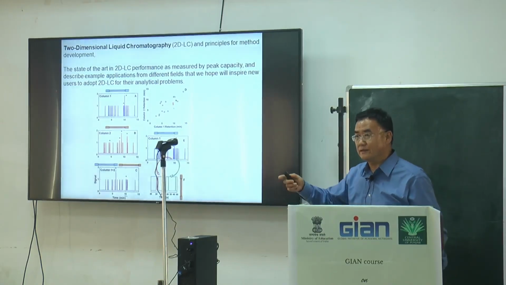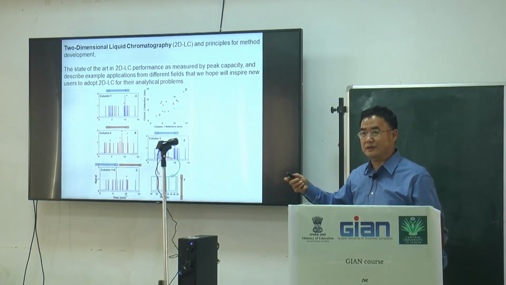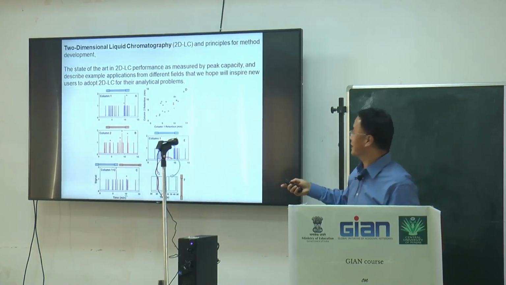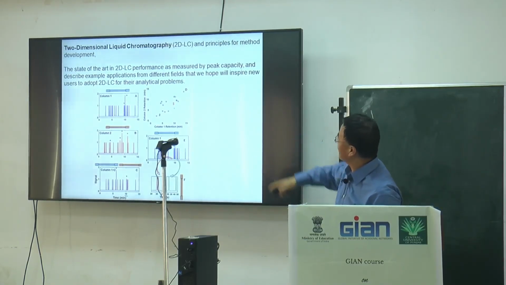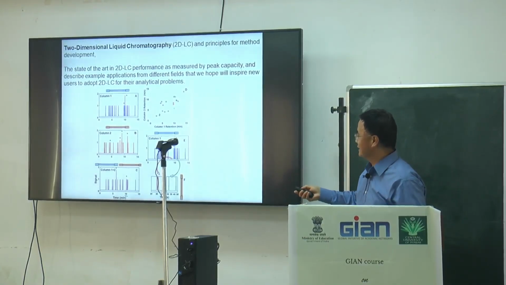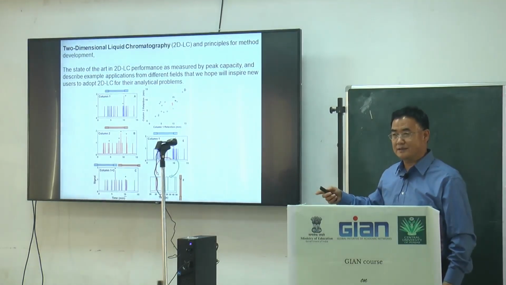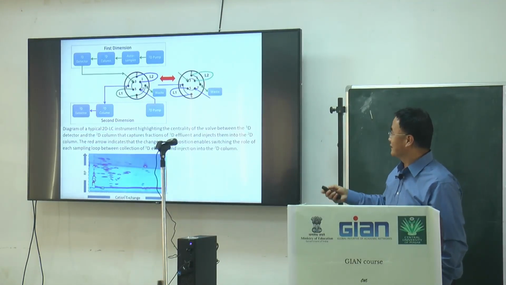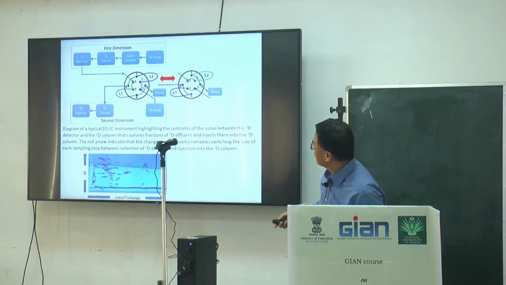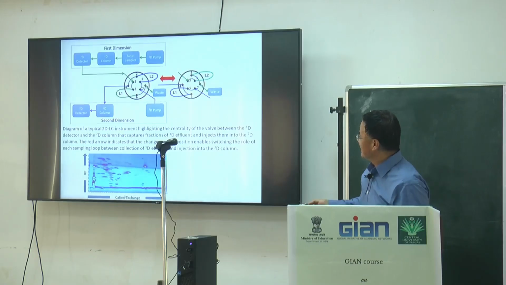Then the mass detection will be more accurate, because a simpler sample is more accurate. Two-dimensional liquid chromatography can also achieve much better results, and GC by GC also gets very good results, just like 2D separation.